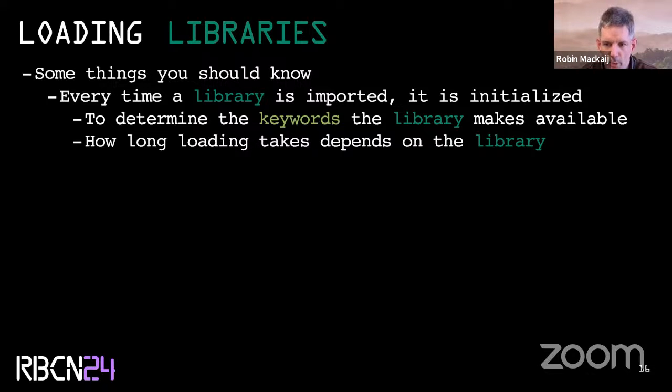The Robot Framework libraries work a bit differently. They are actually initialized when you import them. That needs to be done to check what keywords they make available, and also from the language server perspective, the language server needs to do the same. It needs to load the library to get access to the keywords, so you have things like autocomplete and all that.